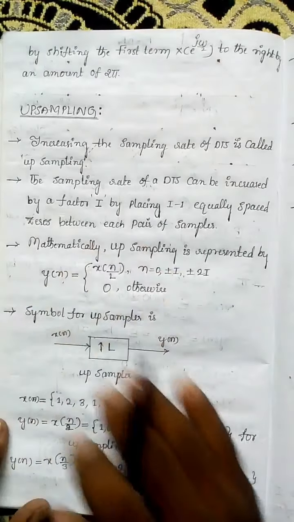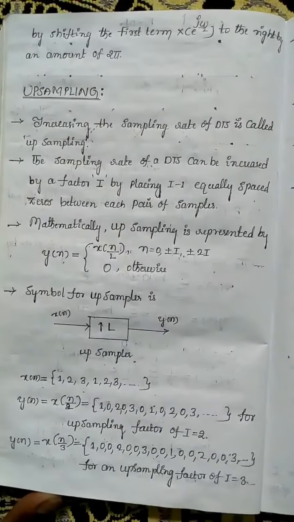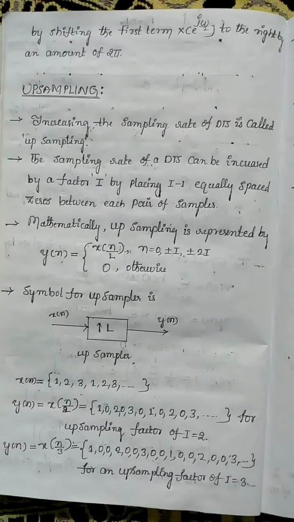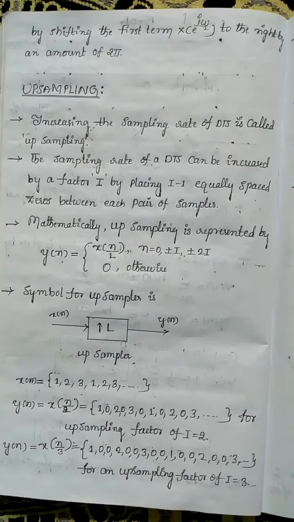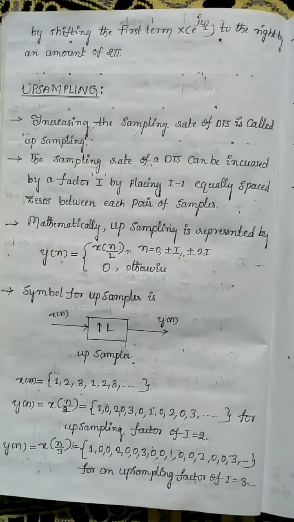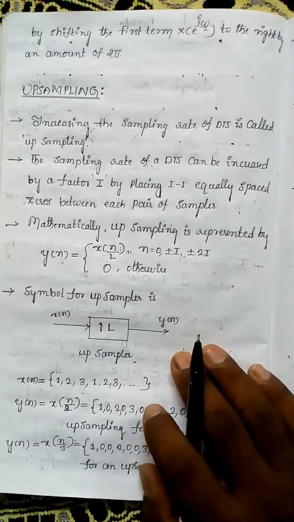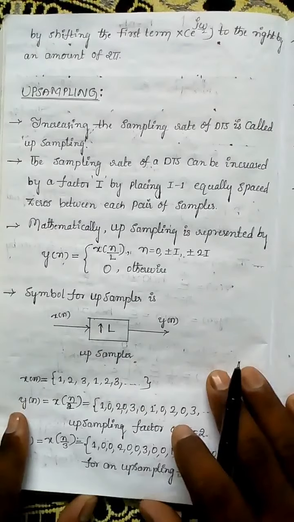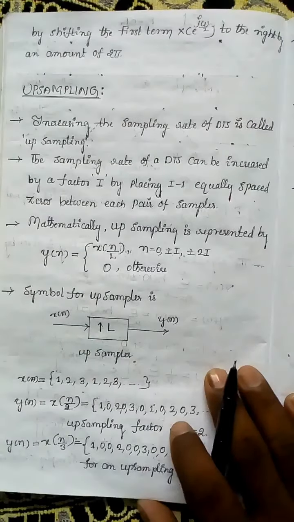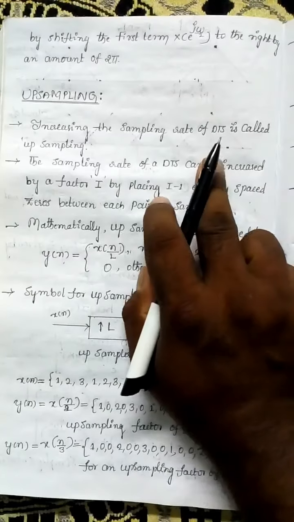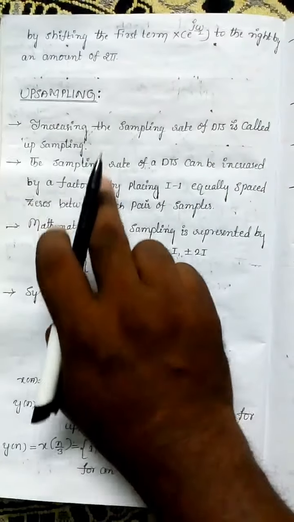And this is the continuation for upsampling. So what is upsampling? Yesterday a detailed explanation was already given. Upsampling means simply to increase the samples, that means increasing the sampling rate of a discrete time signal is called upsampling.